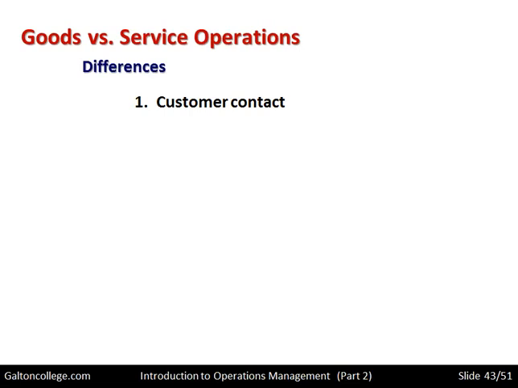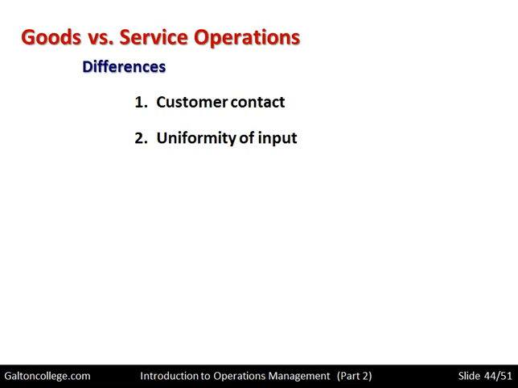The goods are dispatched to the customer. There's no contact between the customers and the majority of the people within the business. There's no contact between the customers and the production, the operations management team. But with services, there's a lot of contact. The barber who cuts hair has contact with the customer.